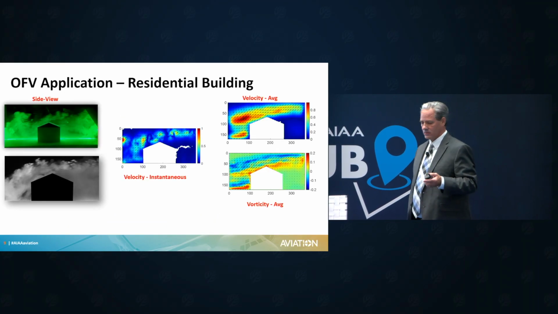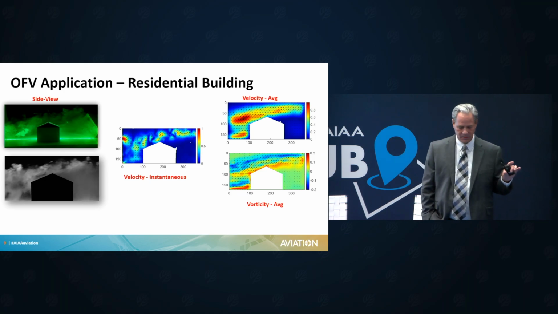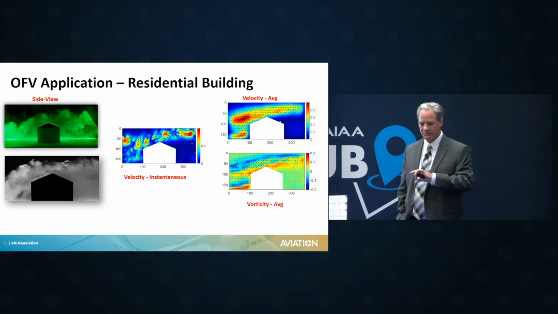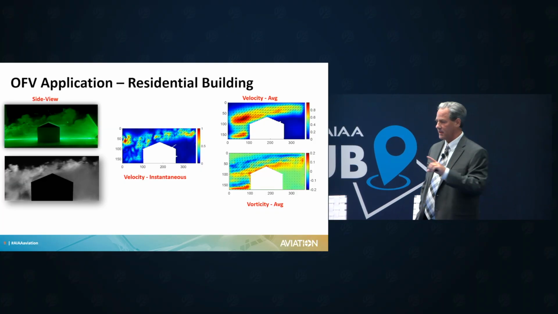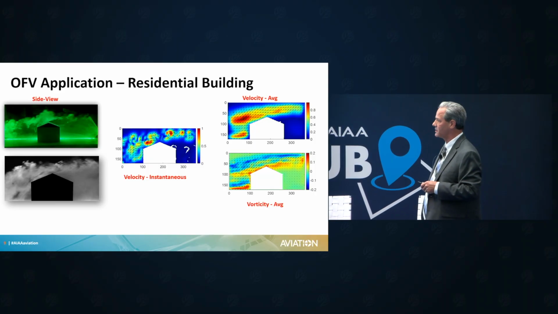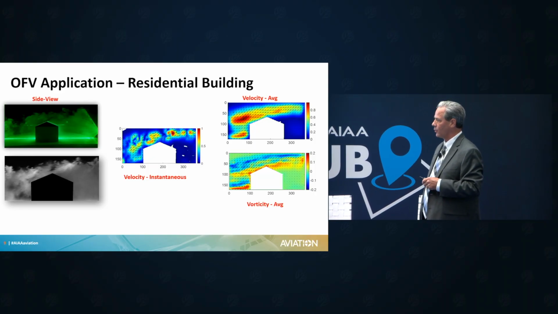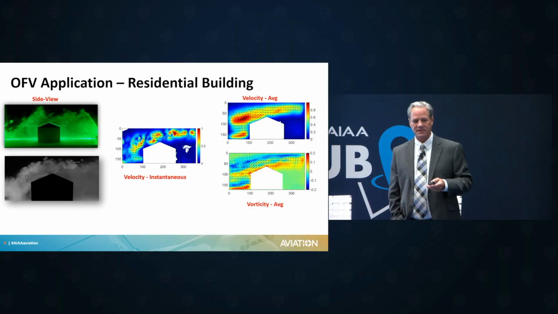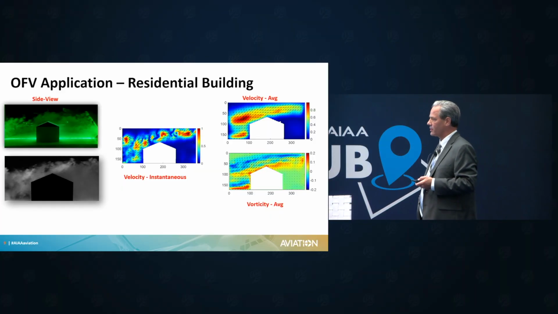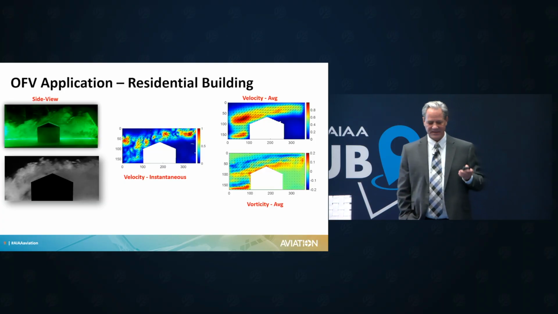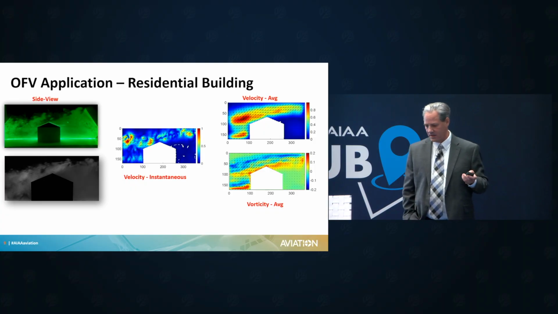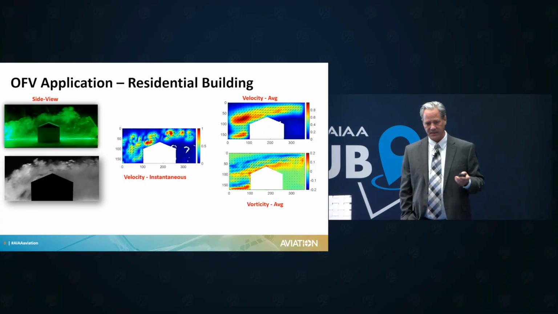So, thinking outside the box, we realized that the optical flow method has multiple discipline applications. In this case, we have a PhD student currently working on wind flow around residential buildings at different angles of attack and different velocities. Why is that important? Because as many people like to understand wind dynamics, whether it be tornadoes or hurricanes, they do not.